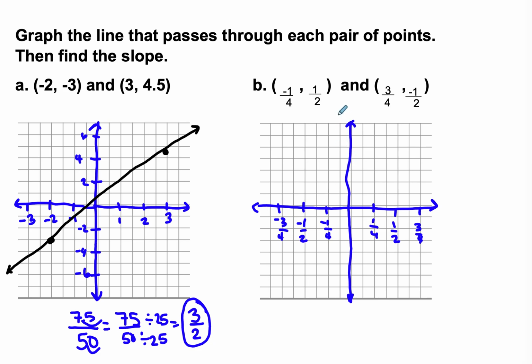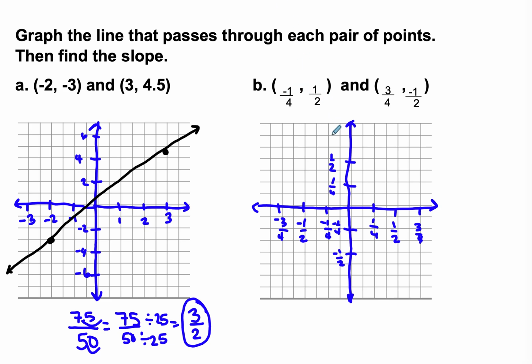Okay, then I'm going to do the same thing over here. 1/4, 1/2, -1/4, -1/2. All right, so now I'm ready to plot my points.